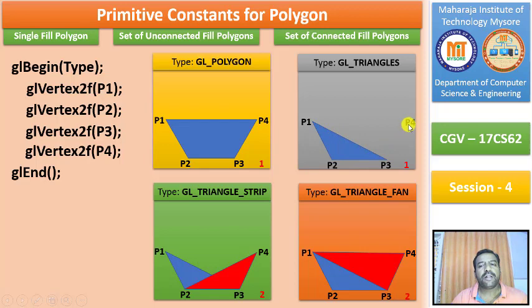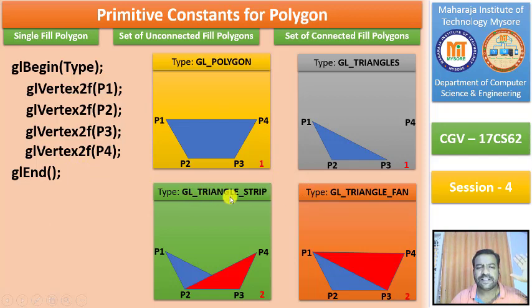The 4th point exists here, but it has not been used, because the first 3 points were used to draw a triangle, and to draw a second triangle it needs 2 more points. Hence nothing is displayed using the 4th point.